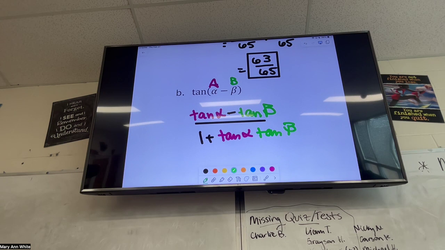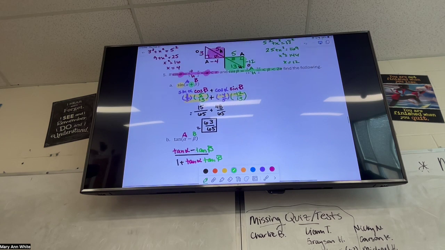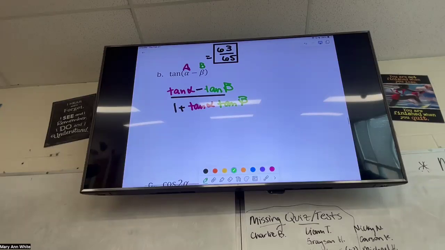Now, if you remember when we did our unit circle ones, we had to work our tangent off to the side. We don't have to really work it out because you can just look at your triangle above. What is my tan of alpha going to be based on my triangle above? -3/4.